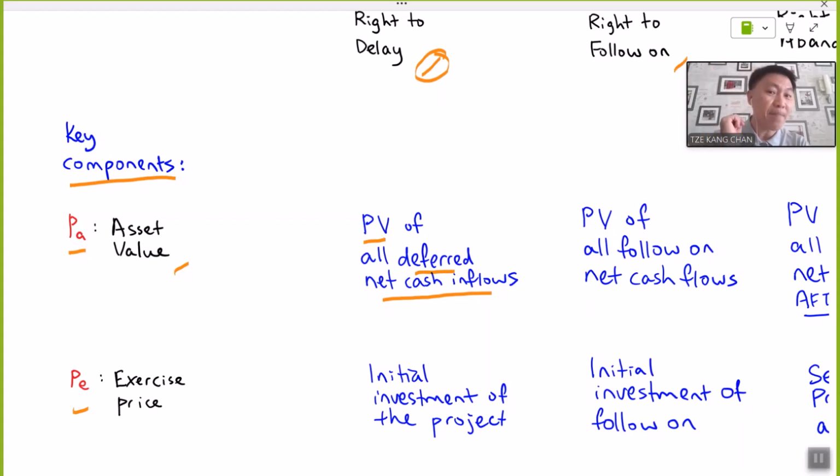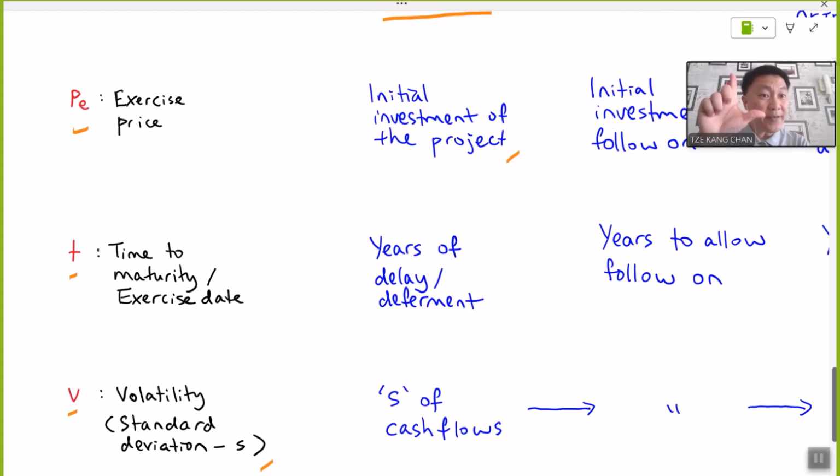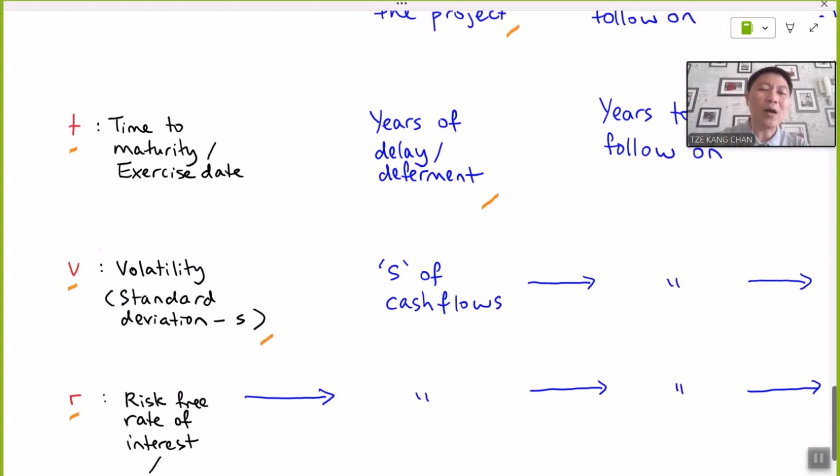As for exercise price, that is represented by the initial investment of the project once we decide to take on the project. Obviously, as for T, V, and R, that represents the years to the delay or deferment, as well as the standard deviations of the cash flow, and finally, the risk-free return as given by the questions.